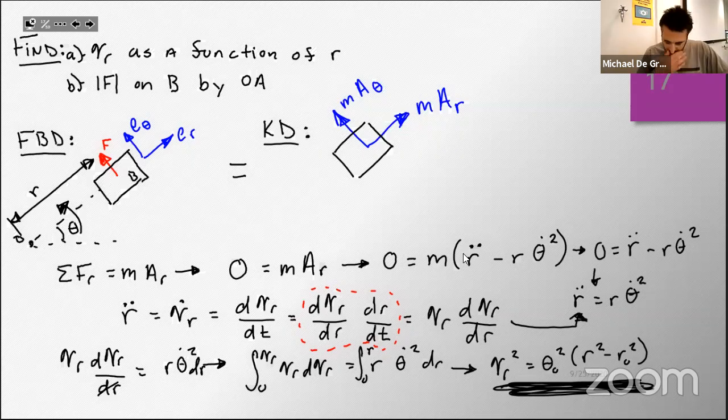So what do we do next? Because we need part B. We need the magnitude of the force. So for this, we're going to sum our forces in the transverse direction.